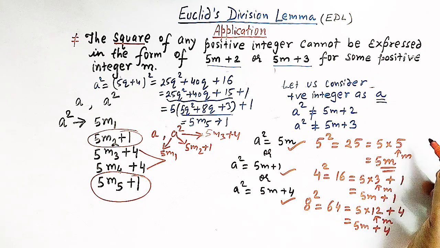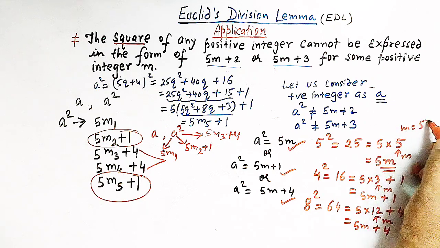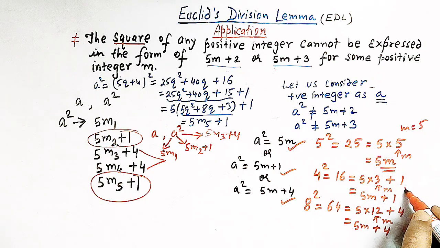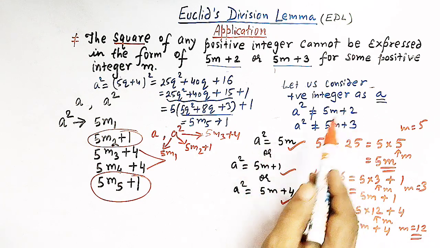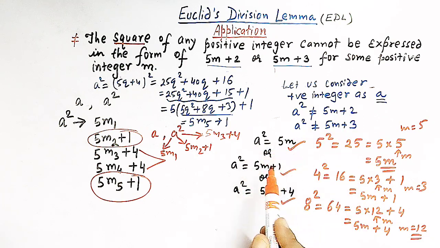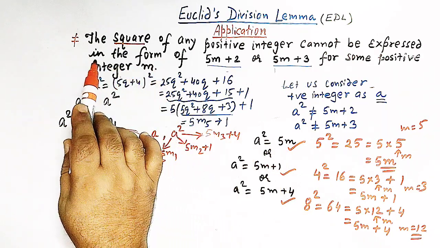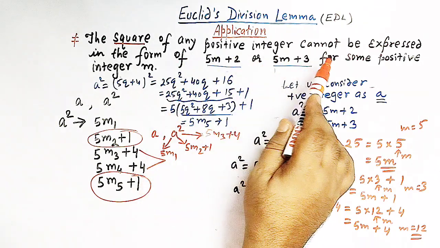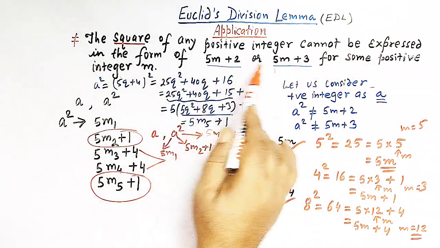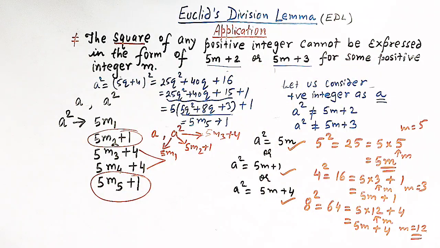In the first case we have m equal to 5, in the second case m equal to 3, and in this case m equal to 12. So the square of any positive integer can be expressed only in terms of 5m, 5m plus 1, or 5m plus 4, and we cannot express the square of any positive integer in these two forms, that is 5m plus 2 or 5m plus 3.